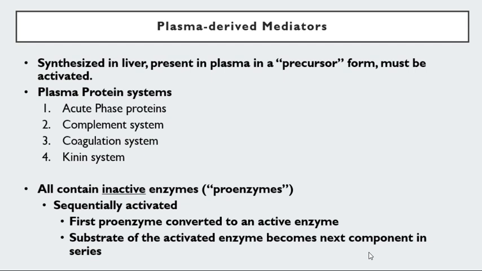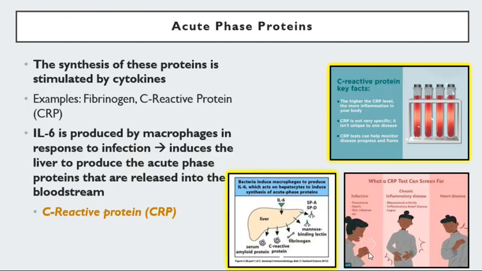Here are some examples: acute phase proteins, complement system, coagulation system, the kinin system. Same thing with enzymes: there are pro-enzymes that need to be activated that can have antimicrobial effects. The substrate of the activated enzyme becomes the next component in the series. I don't really need you to know that, but these are really good reactions to things that happen.